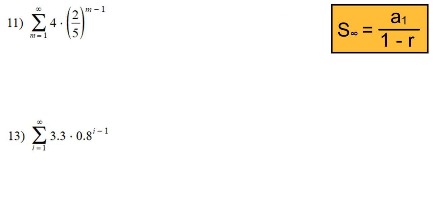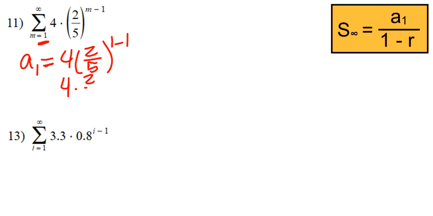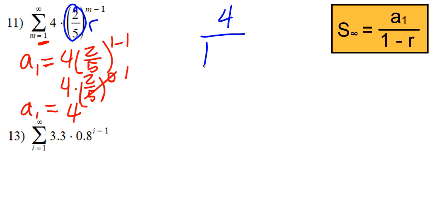We've got 2 more just like that. So find A1 by plugging in this number. 4 times 2/5 to the 1 minus 1. That's 4 times 2/5 to the 0. That's going to be 4. A1 equals 4. R equals 2/5. We should be able to plug in A1 over 1 minus 2/5.